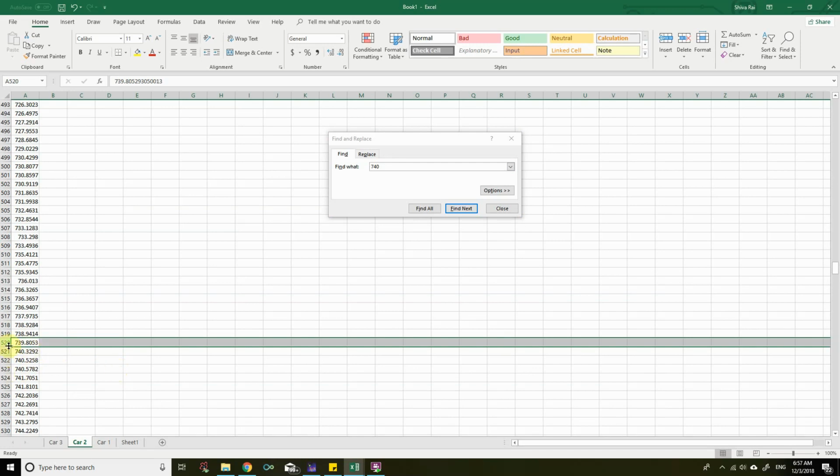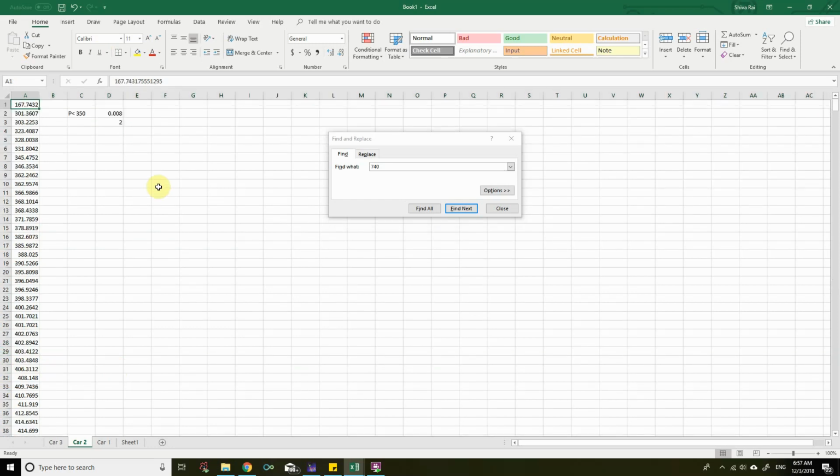Oh yeah, 521 minus 2, that's just 520. I don't need to do any calculation. So 520 divided by 1000 is 0.52, that's 52%. 52% of the cars' maintenance cost lies between $300 to $740.